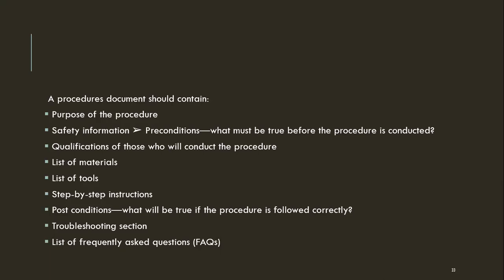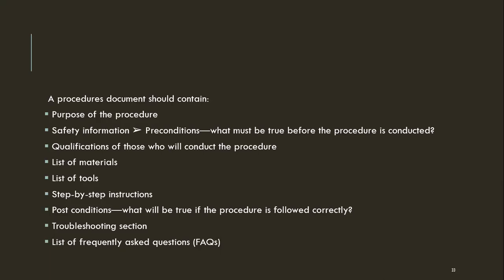Likewise, then the list of materials that should be used in the machine, the list of tools that could be used. Probably if the machine involves bolts and nuts, you can always specify what type of bolts are used or what size and so on.